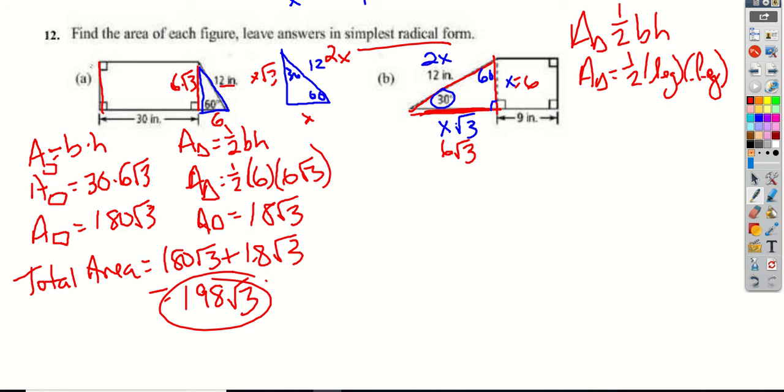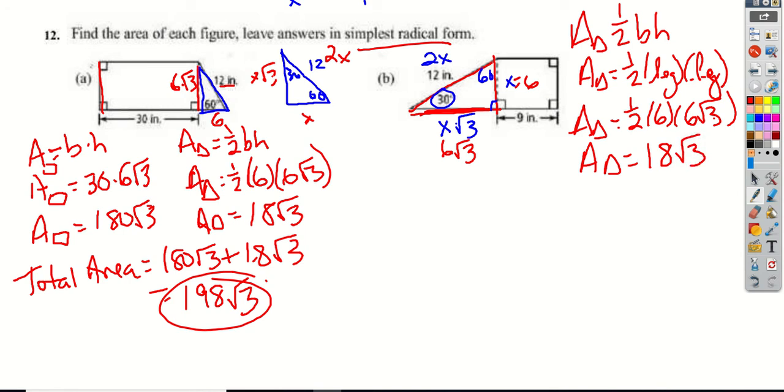Okay, so the area of the triangle is 1/2 the leg, which one of them is 6, and the other one is 6 radical 3. We've already done this on the last question. We know that this is 18 radical 3. And then the area of my square, or rectangle in this case, is base times height, which is 6 times 9.